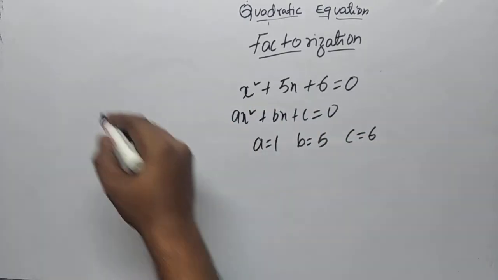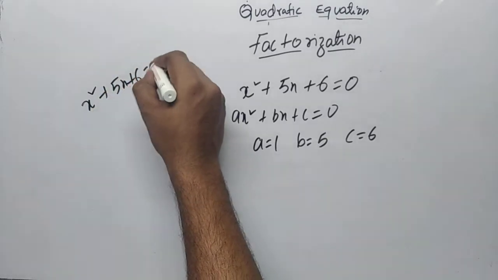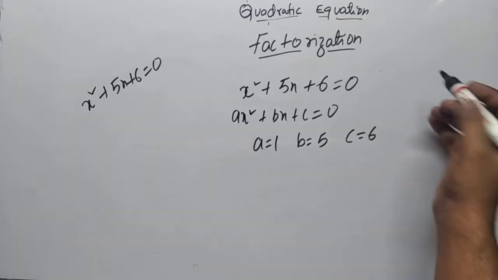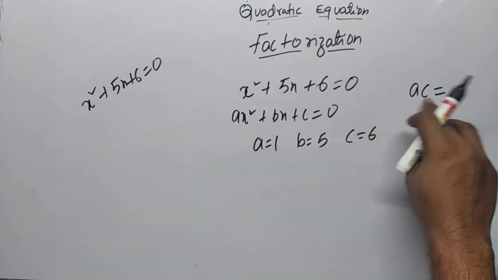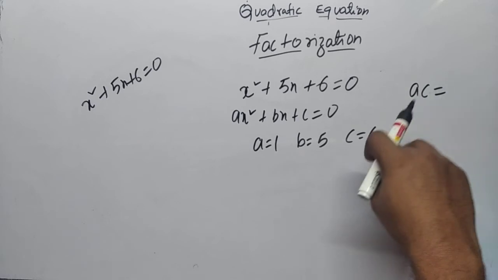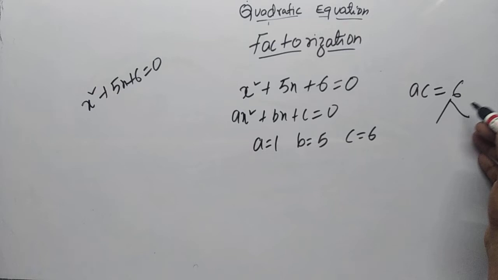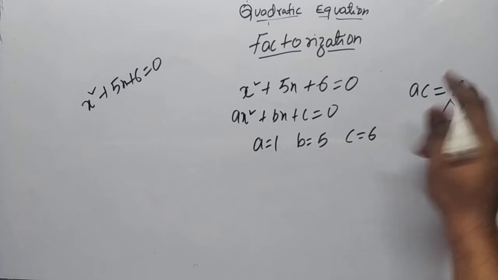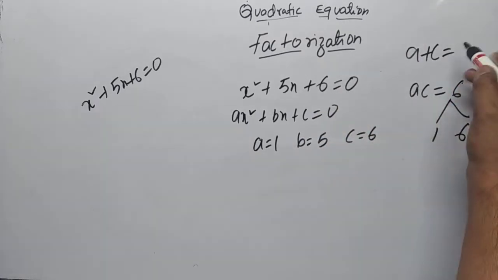You have to split x square plus 5x plus 6. Multiply the coefficients a and c: 6 ones are 6, so you will get some factors, 1 and 6. There should be a condition: when you add both the factors, it should be equal to 5.